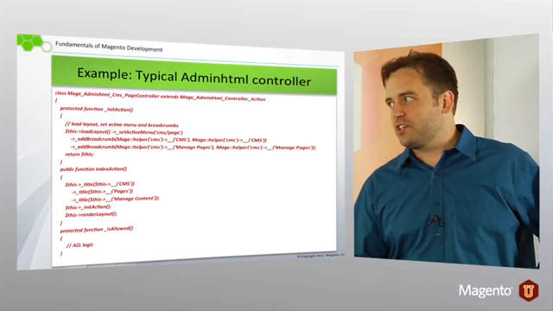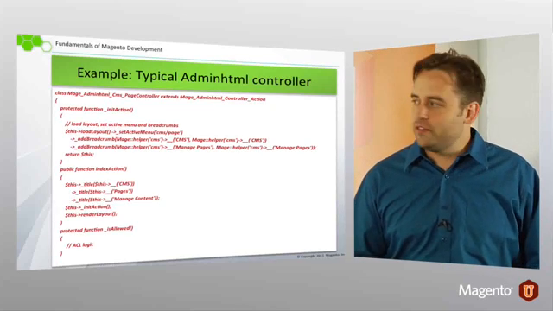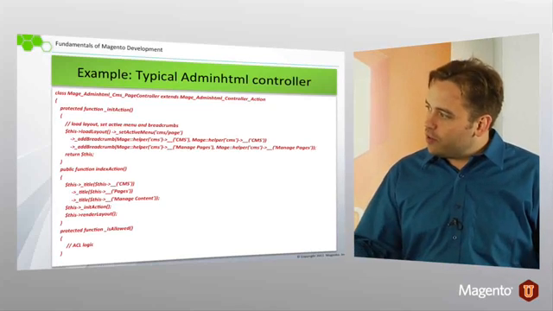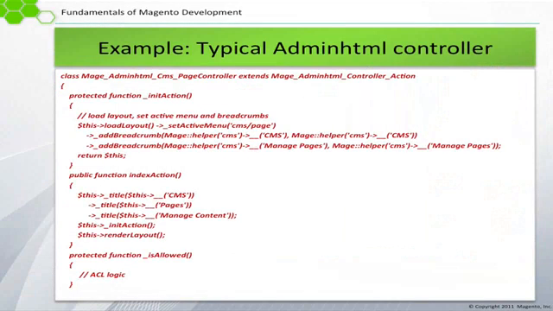In this index action, we're setting some data on this object, calling another function, but then calling render layout. All right? So the structure here is that you might have some internal functions, but basically the takeaway is that anything that's public and ends in action can be accessed from the browser. Anything else cannot. Okay?